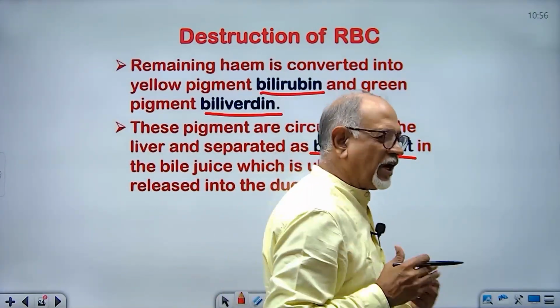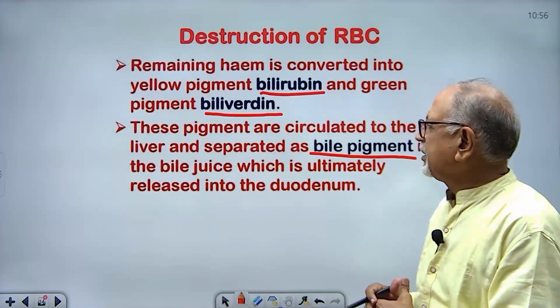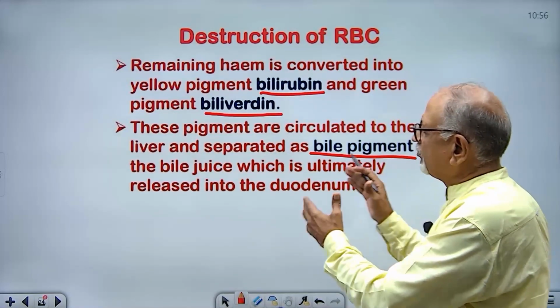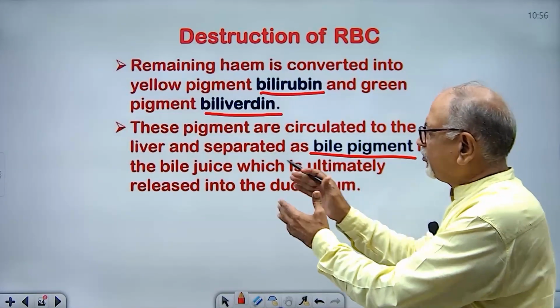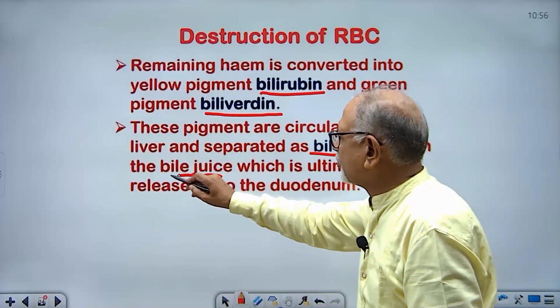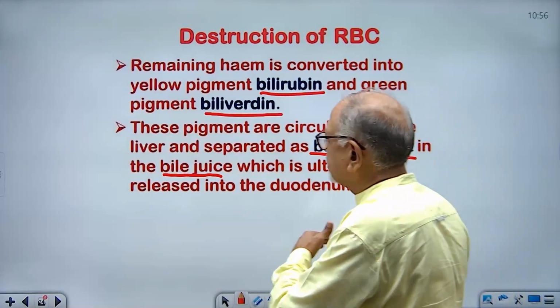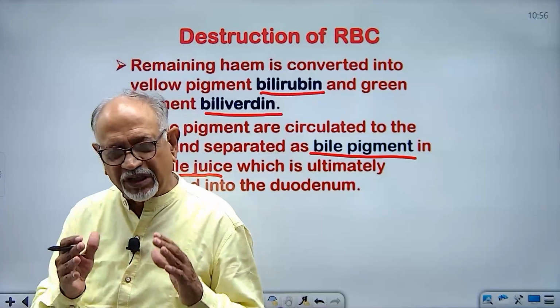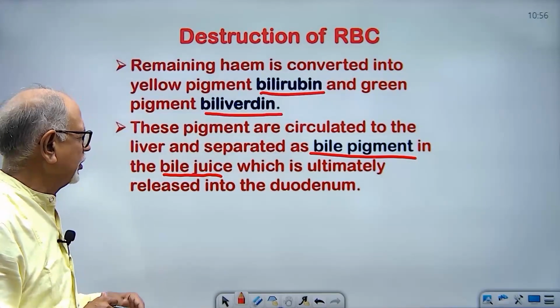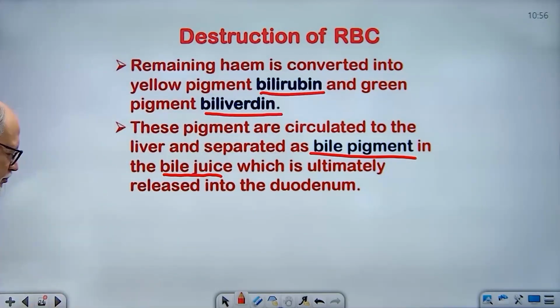That bile is finally eliminated from the liver in the form of bile juice, and it is poured into the small intestine with the help of the bile duct, into the duodenum.